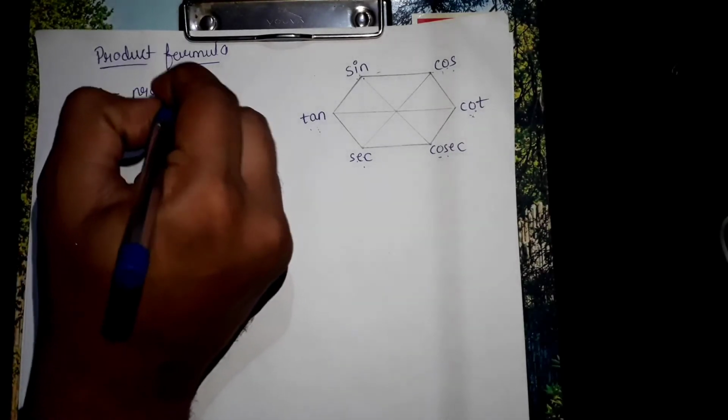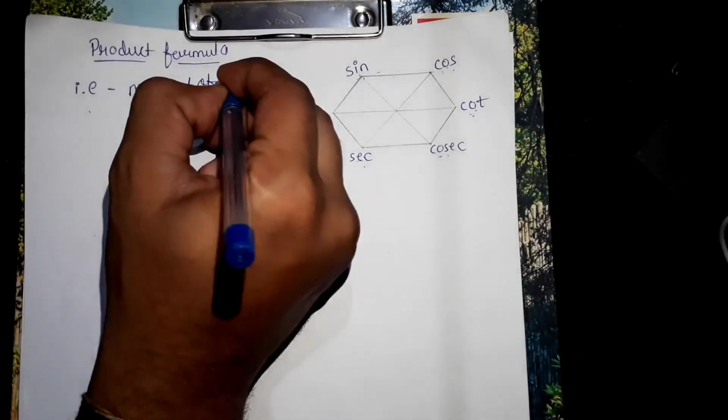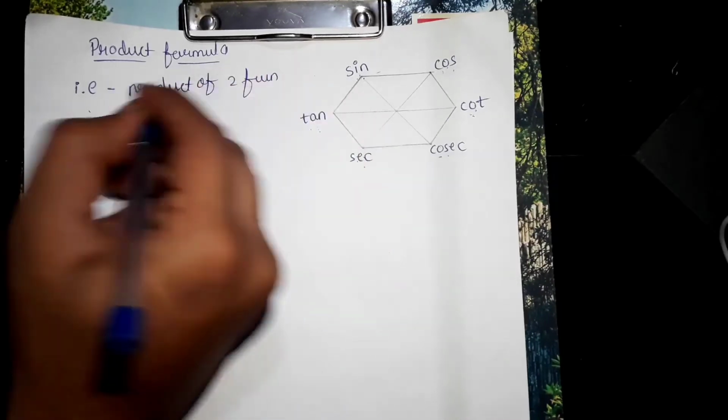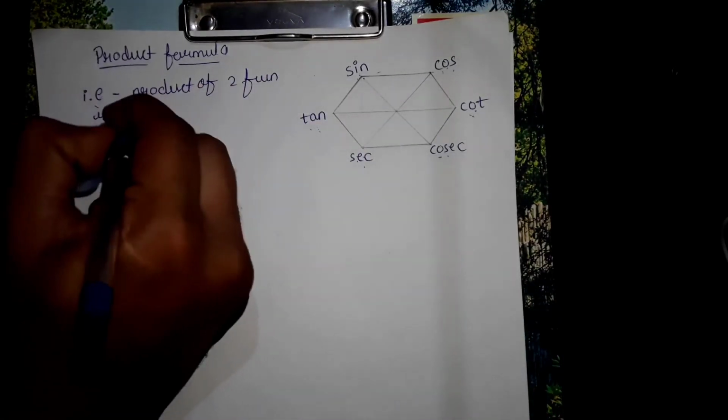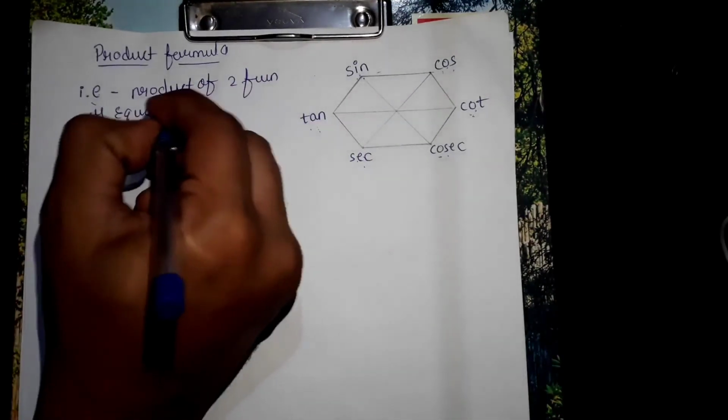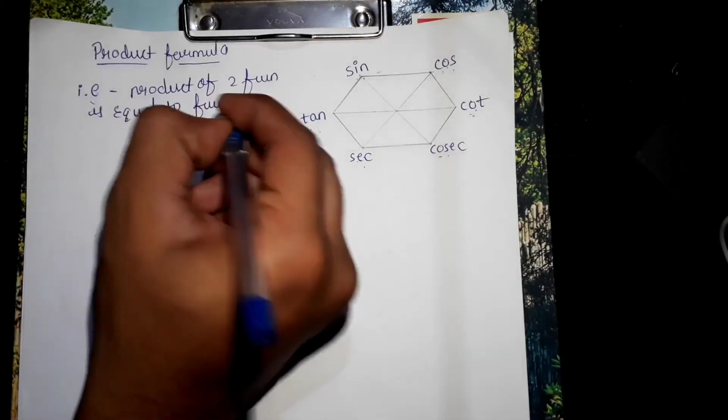Product of two functions is equal to the function between them.